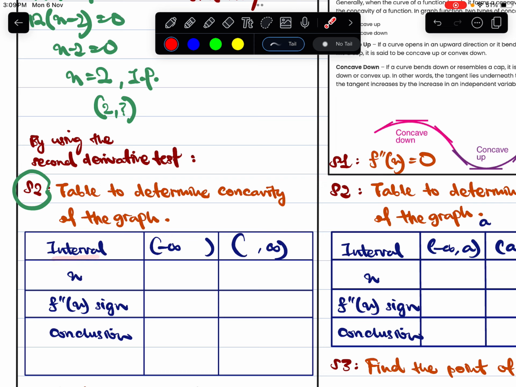The first one is, of course, the interval. You just put in the value of x that you got just now, which is 2. And x here is just the test value between the intervals. Here I choose 0. You can choose 1 or -1, up to you. And here I'll choose 3. So this is f double prime, the second derivative.